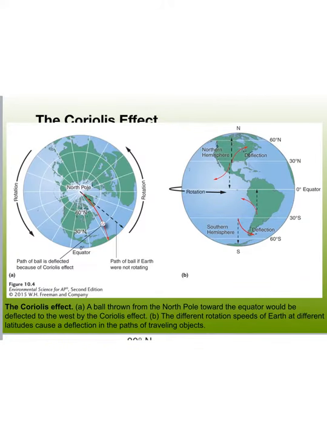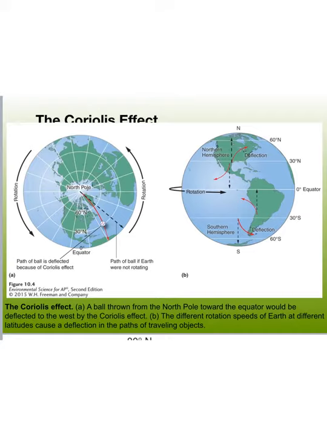All right, looking at this diagram here on the left-hand side, imagine that you can stand directly at the North Pole. If you throw a ball directly south, all the way down to the equator, if Earth did not rotate, the ball would travel directly south to the equator in a straight line.